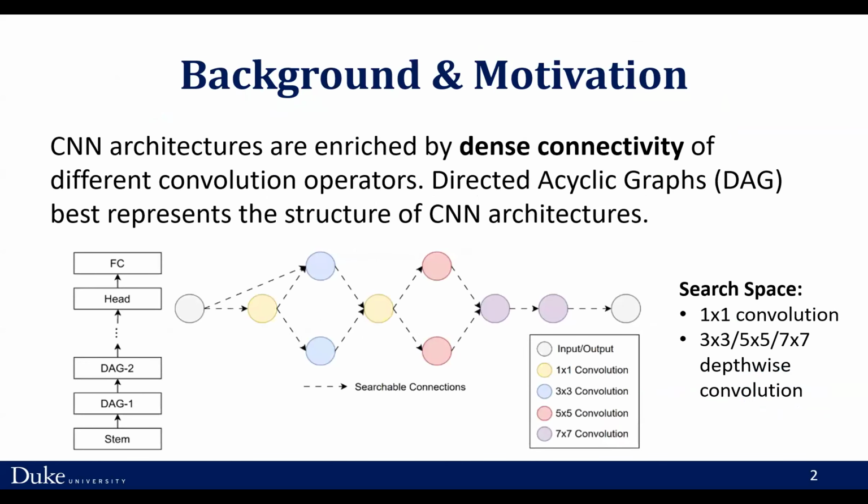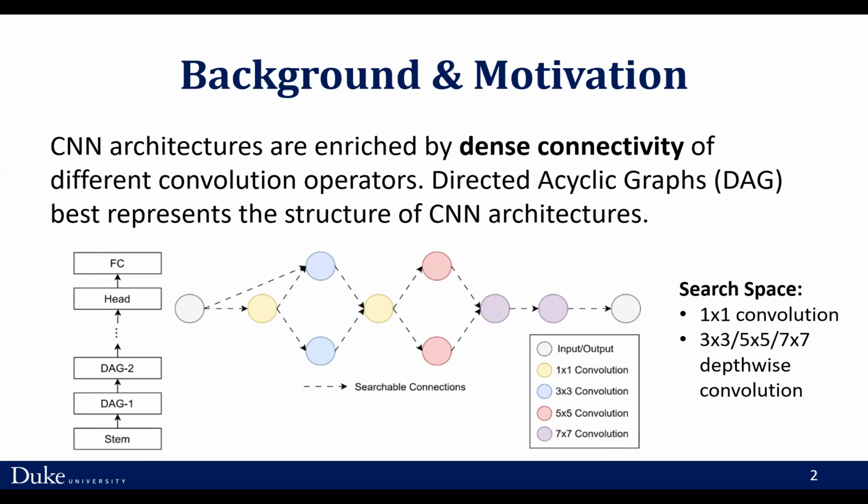Before we dive into the detailed approaches, let's figure out the background information and the motivation for this work. We know that CNN architectures are enriched by the dense connectivity of different convolutional operators, such as one-by-one convolutions, three-by-three, or even depthwise convolution families.